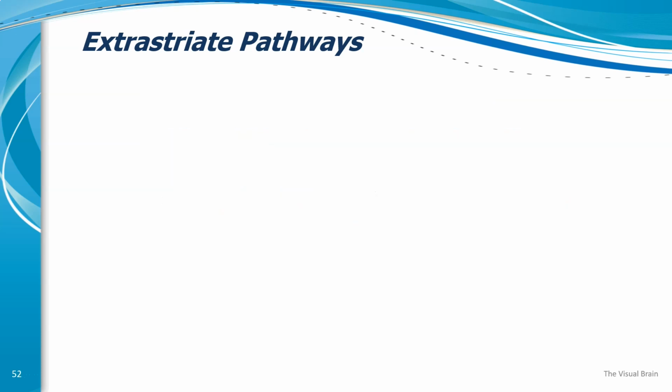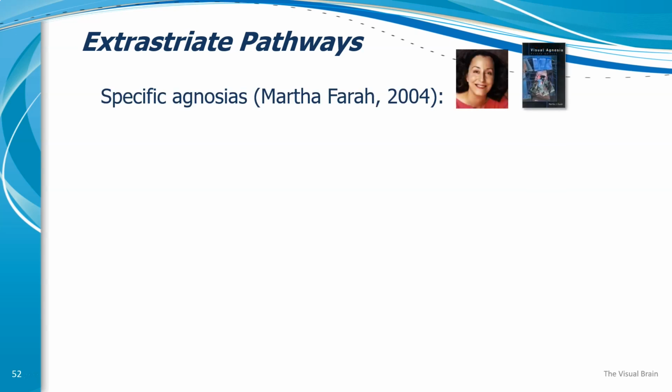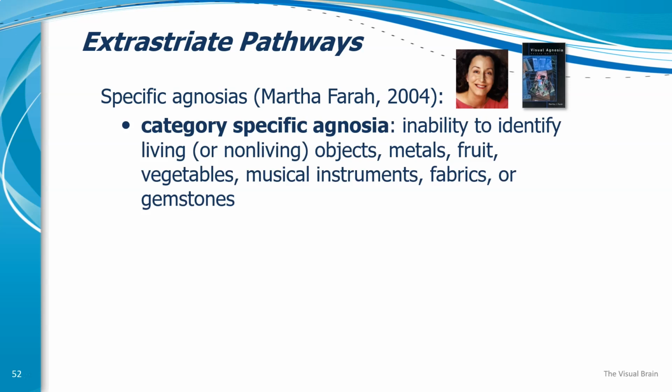So the thinking is now that these two categories of apperceptive and associative are too broad, and we should just go to the specific types, like visual object agnosia, and not try to put them into categories. So here's some specific agnosias by Martha Farah, who literally wrote the book called Visual Agnosia. I'll just point out some of these.